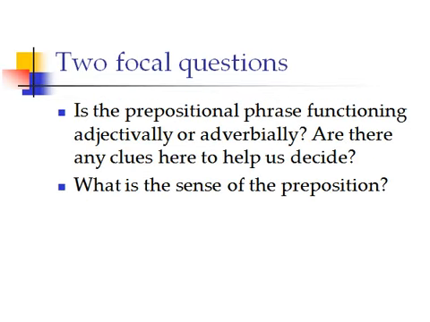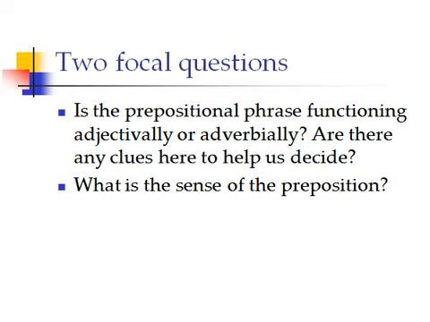Therefore, when we face prepositional phrases, when we encounter them, we want to ask some focal questions. And the first one has to do with whether or not the prepositional phrase is functioning adjectivally or adverbially. Are there clues here to help us decide, that is to say, presence of articles, perhaps with nouns, all agreeing in gender, number, and case, communicating that the prepositional phrase is definitely adjectival?